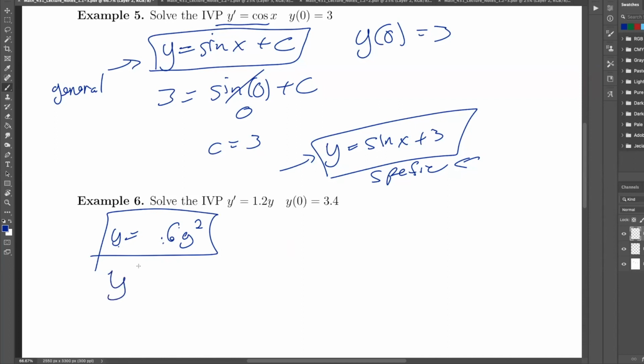Remember, y is a function of something. In this case, let's make it x. Is y of x equal to 0.6 y of x squared? There's a value which makes this work, where y is 0, but is this true in all cases? The answer is no. So let's say y of x is equal to the other solution.